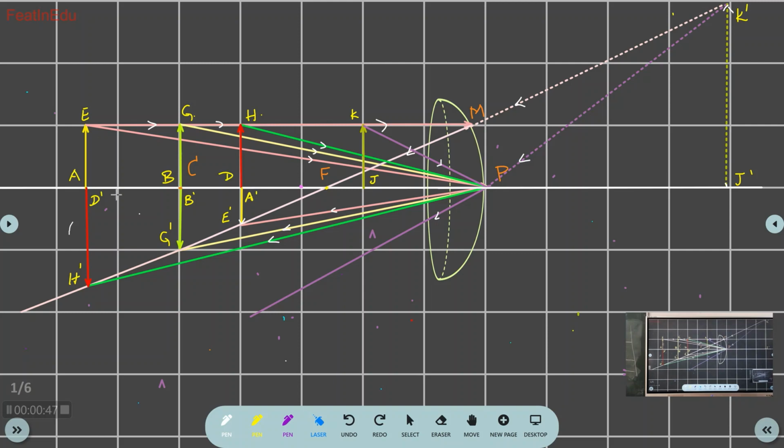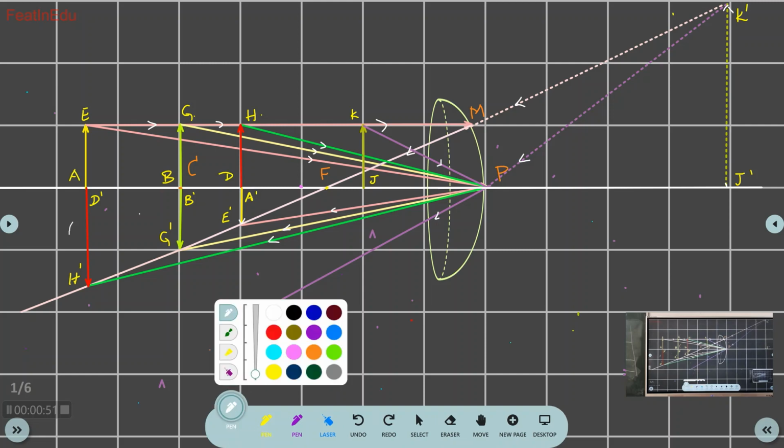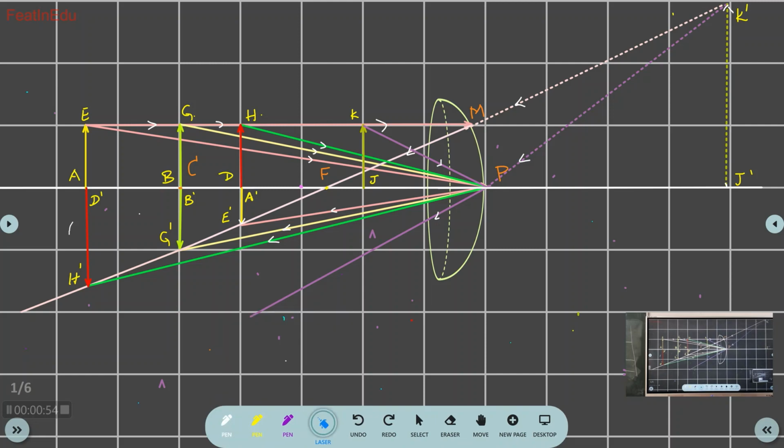Now AE is beyond C. This is C, and I have placed the extended object here beyond C. And this is F. So as all of us know, and we have experienced in the previous class, the image of AE should be between C and F, and you can see that the image is between C and F. I suppose all of you can see this.